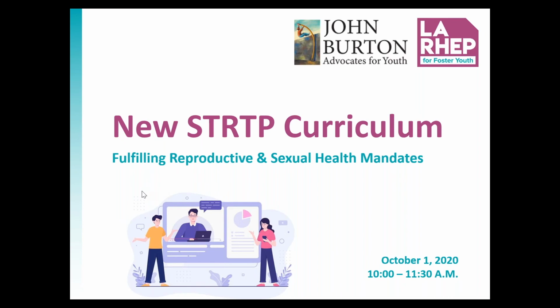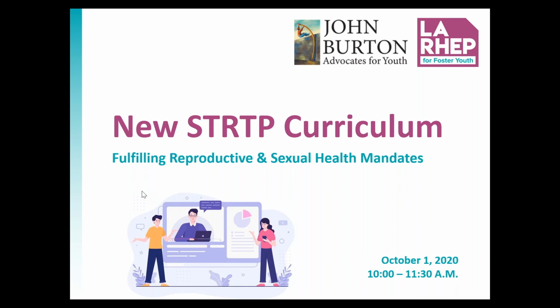We have a web seminar this morning on 2 new training tools for short-term residential therapeutic programs, or STRTPs, as we all know them by. This training curriculum was designed to help ensure staff are equipped with information and resources to support youth in the area of reproductive and sexual health, and to ensure organizations have information and resources to meet legal and regulatory mandates in this area.